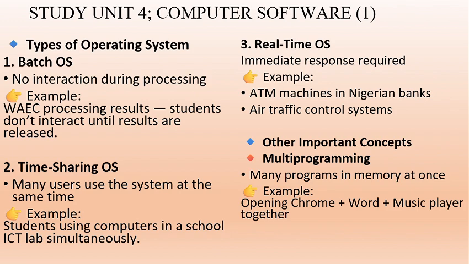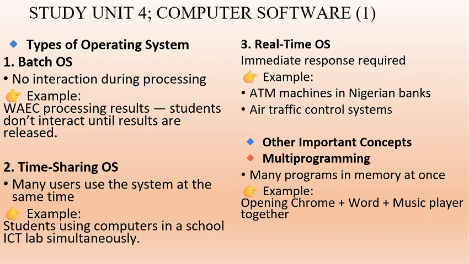There's no way you can see your results if they did not drop them. So it is an example of a batch operating system, because students do not interact until the results are released. According to the example I gave earlier, it is only when the course material is done printing that the two pages you sent will come out. So there is no interaction during the batch operating system.